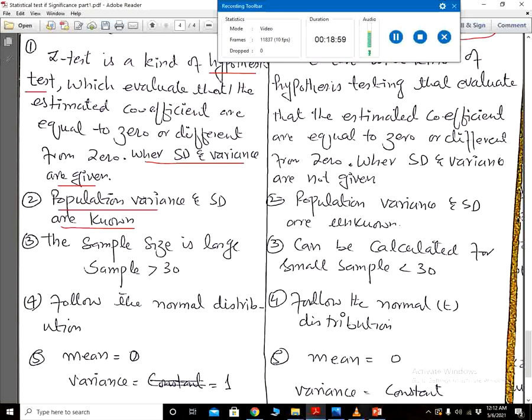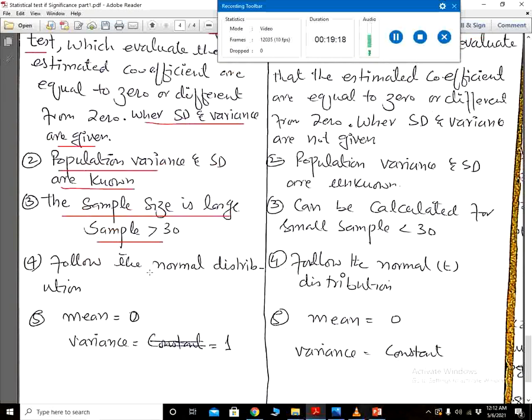When will we use the Z test? When the population variance and population standard deviation are known, or the sample size is big enough, that is, greater than 30. In that case we will use the Z test to evaluate the significance of the estimated coefficient.